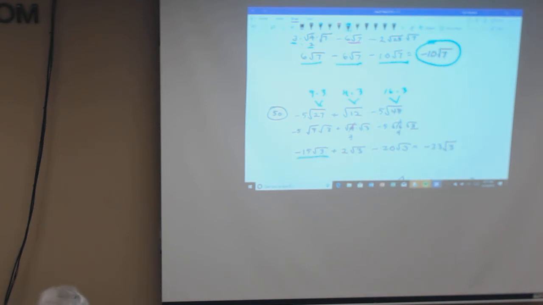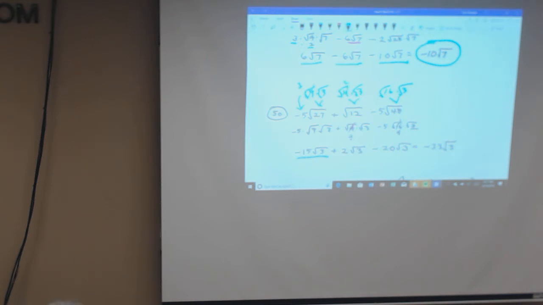Does everyone see how I got negative 15? What's the square root of 9? 3. What's 3 times negative 5? Negative 15. What's the square root of 4? Remember, these are all square roots here. 2.